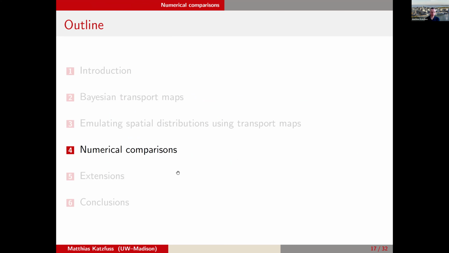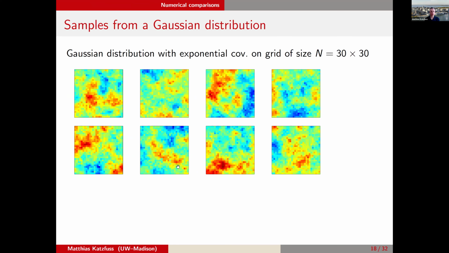Okay, let's look at some numerical comparisons. We'll start very simply with a simulation setting where we simulate spatial fields from a Gaussian distribution with exponential covariance. This is maybe the most standard model from spatial statistics, a Gaussian process with an exponential covariance. Here we have it on a grid of size 30 by 30, so a 900 dimensional distribution that we're interested in.